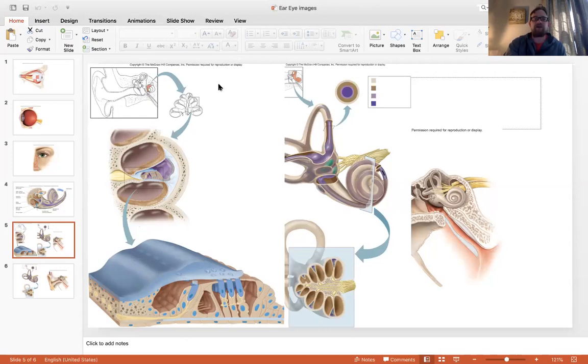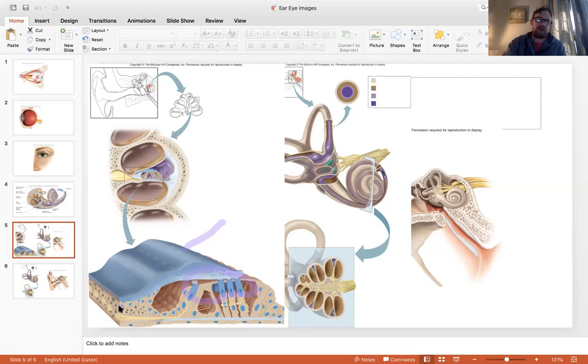Now I want to make some thicker lines. Here you have this structure, the tectoral membrane. I'll talk about what it does in just a second. You also see down here a group of hair cells, and if you look closely, you can see the little hairs that are almost touching or brushing up against the tectoral membrane.